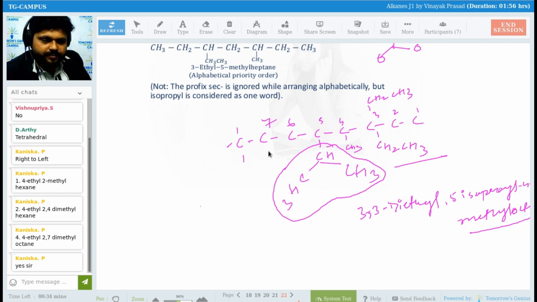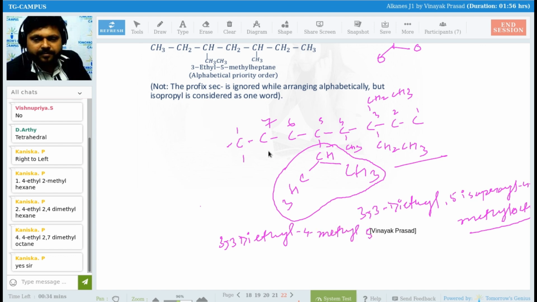See. 3,3 diethyl, 4 methyl, 5, and in bracket we will be writing what? 5, 1 methyl.